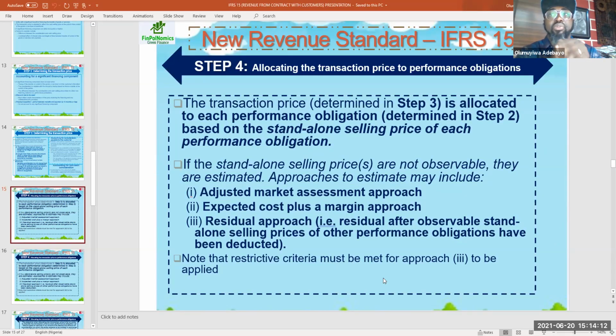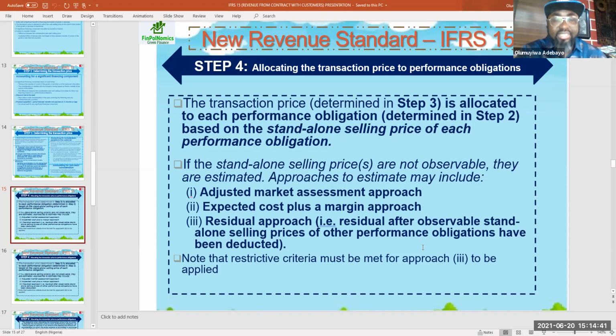You all know what the transaction price is, coming from step 3. And allocation is only required when you have at least 2 or more performance obligations attached to delivering on a contract as an entity.